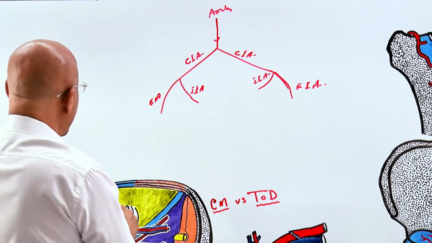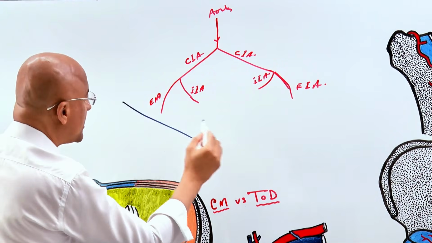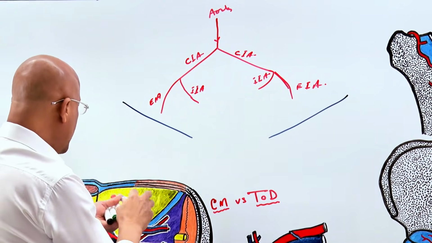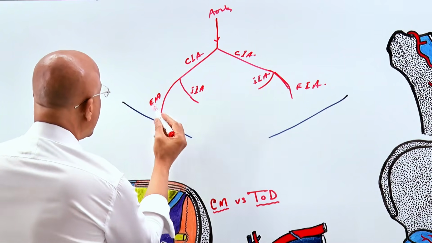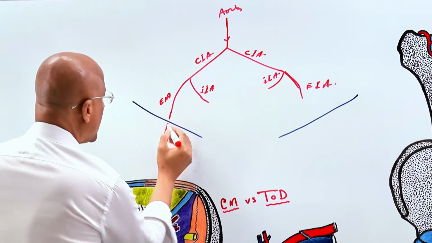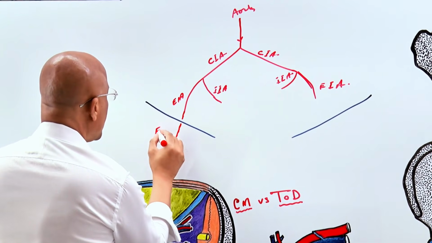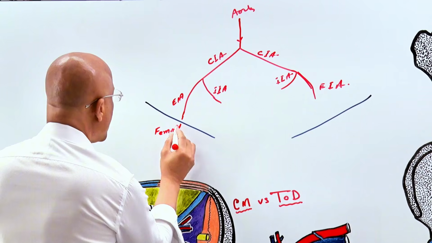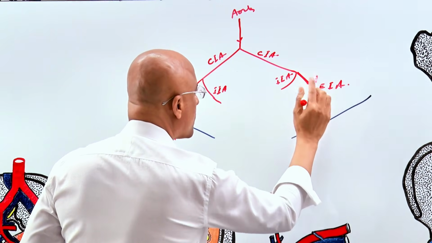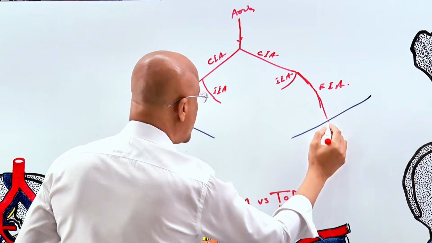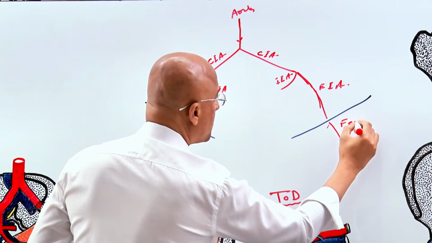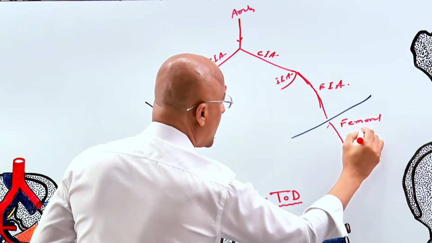And as most of you are so intelligent, you must know this is the inguinal ligament. When the external iliac artery crosses under the inguinal ligament, it becomes the femoral artery. In the same way here also, as the external iliac artery crosses the inguinal ligament, it becomes the femoral artery.